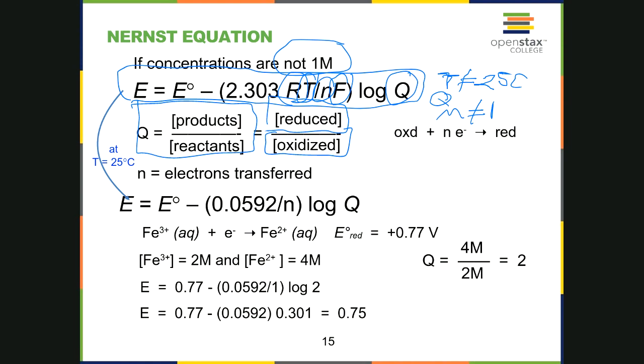For a lot of the reductions, one of the materials is a solid, so its concentration is 1, and the oxidized form is some other number. So for those, it's usually going to be the reciprocal of the concentration of the oxidized.